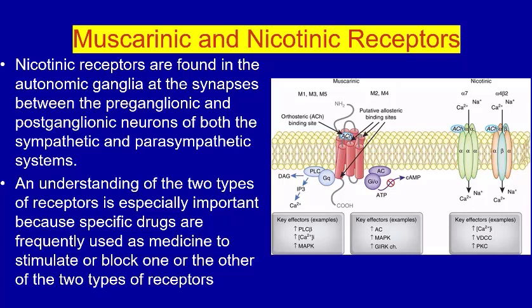Understanding of the two types of receptor is especially important because specific drugs are frequently used as medicine to stimulate or block one or the other of the two types of receptor. So we use drugs. In some cases we need blockage of the muscarinic receptor, in some cases we need blockage of the nicotinic receptor. So the understanding of these receptors is important.